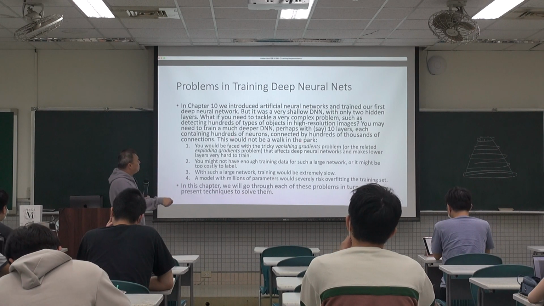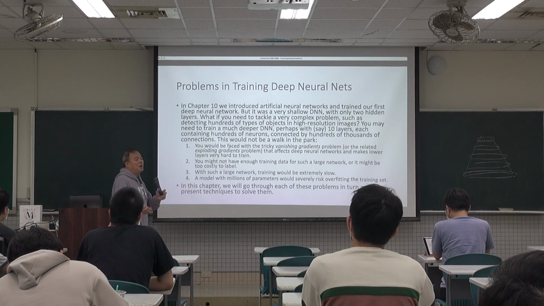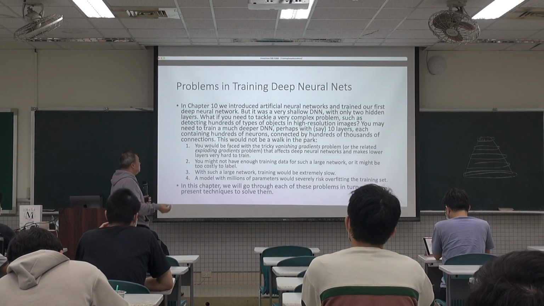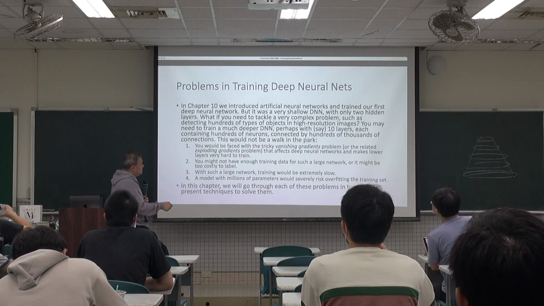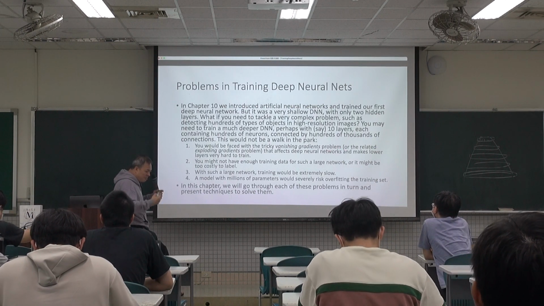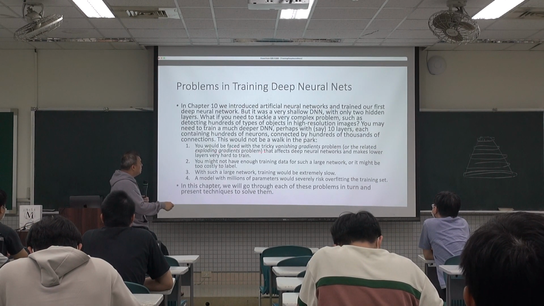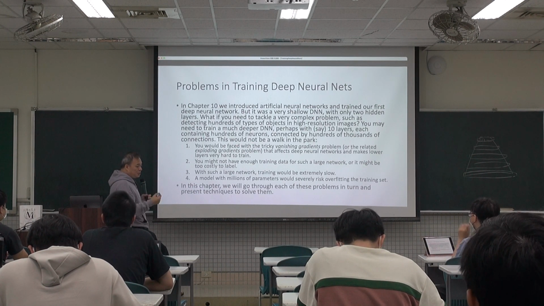It will not be a walk in the park. It's not that easy. So what are the problems? What causes the training to be difficult? The first one is that you would face the tricky vanishing gradient problem, or on the opposite, the exploding gradient problem, which will affect deep neural networks and make the lower layers very hard to train. So this is the first issue.